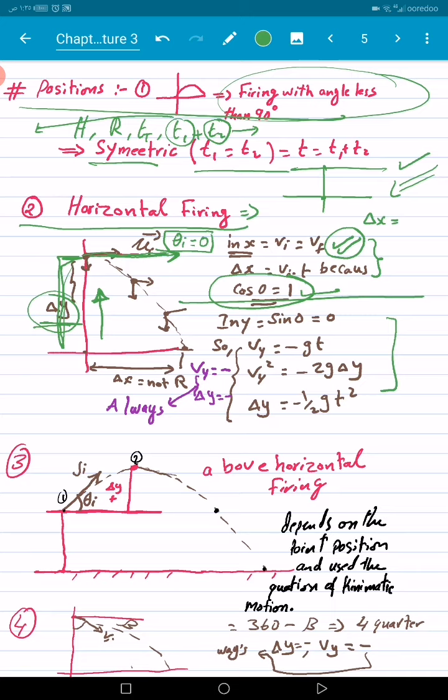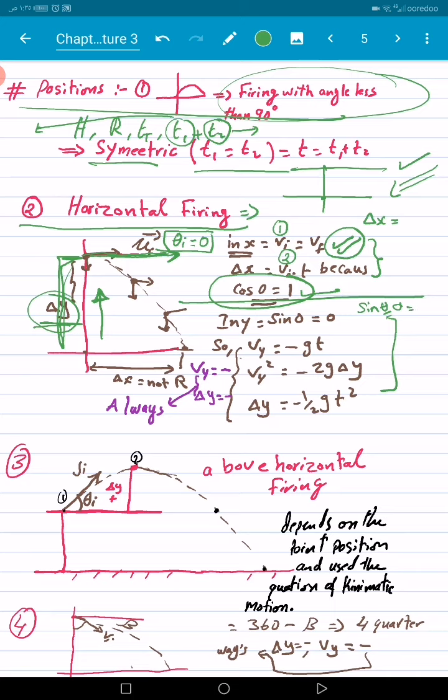So I have my two equations, number 1 and number 2. In vertical the equation works, but sine 0 is equal to 0, so v initial sine 0 is removed, and anything multiplied by sine theta, where theta is 0, goes to 0.